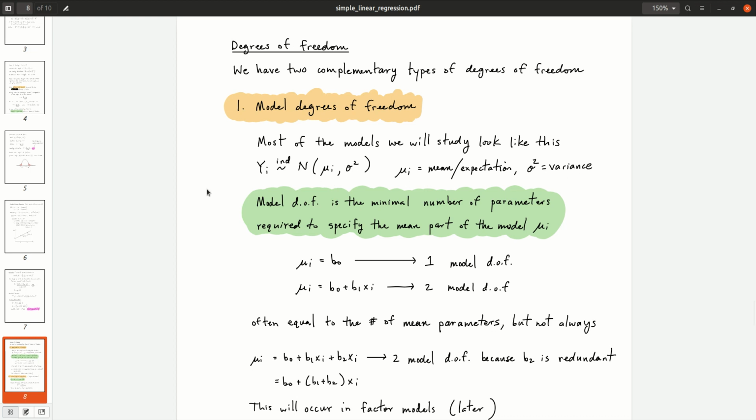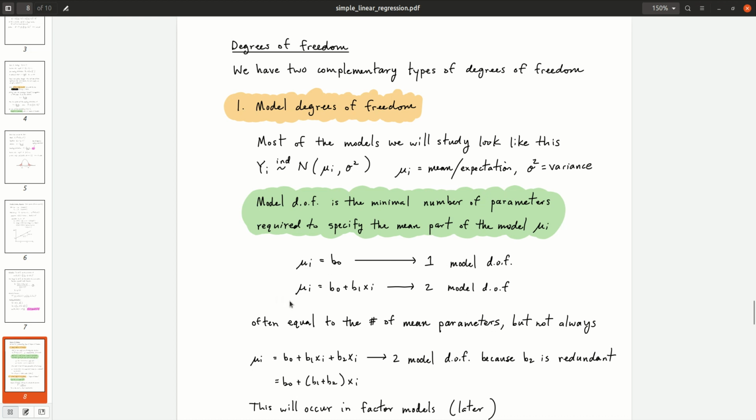The way I'm defining model degrees of freedom, it's the minimal number of parameters required to specify the mean part of the model, namely the mu i. In the first model, mu i was B0. We only need one number here to specify what the mean is. So this model has one model degree of freedom.